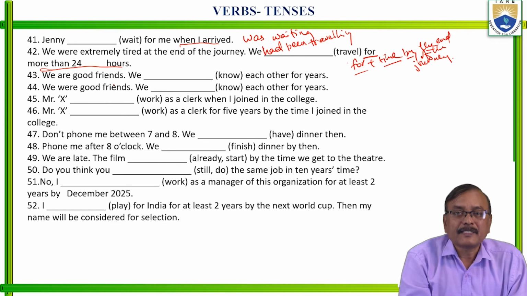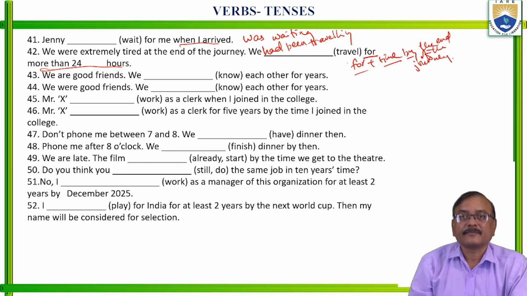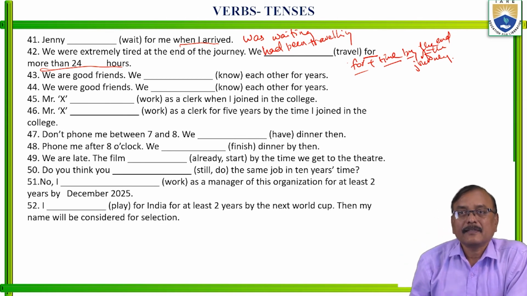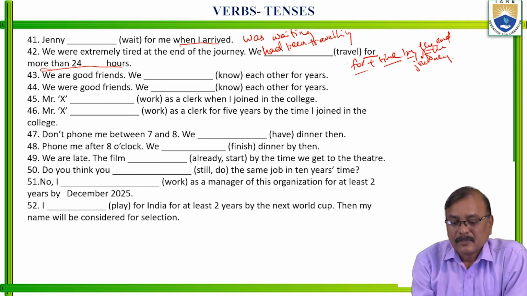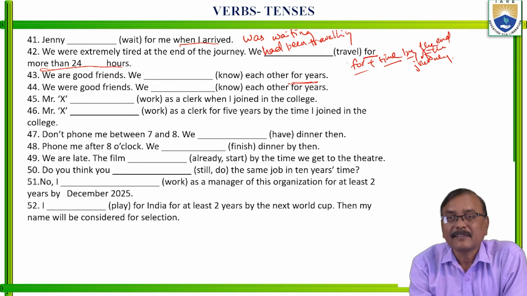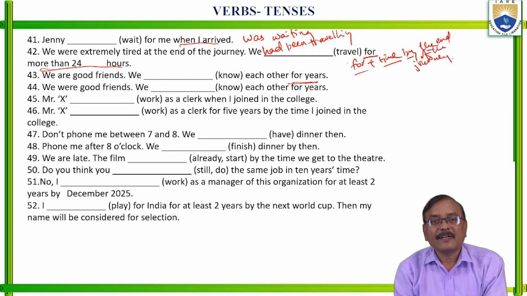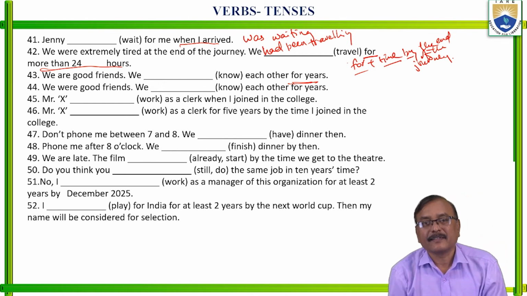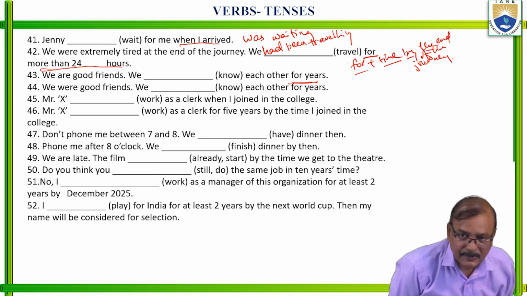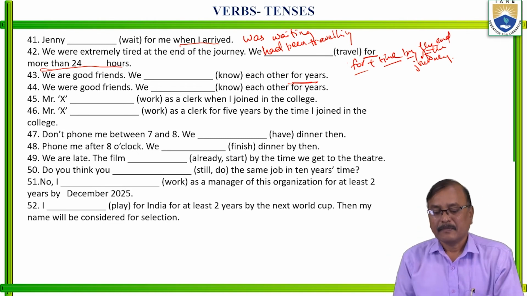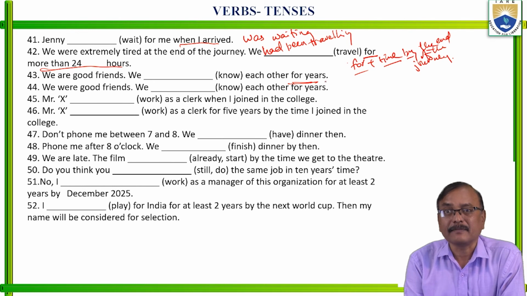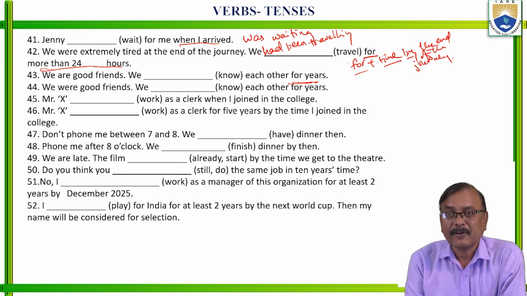We are good friends. We are present. Okay. Here, we dash know each other for years. Here, what is the hint? Don't say we know each other. We know each other means present only. Right? But here the hint is for plus time. For plus time means present perfect continuous tense.